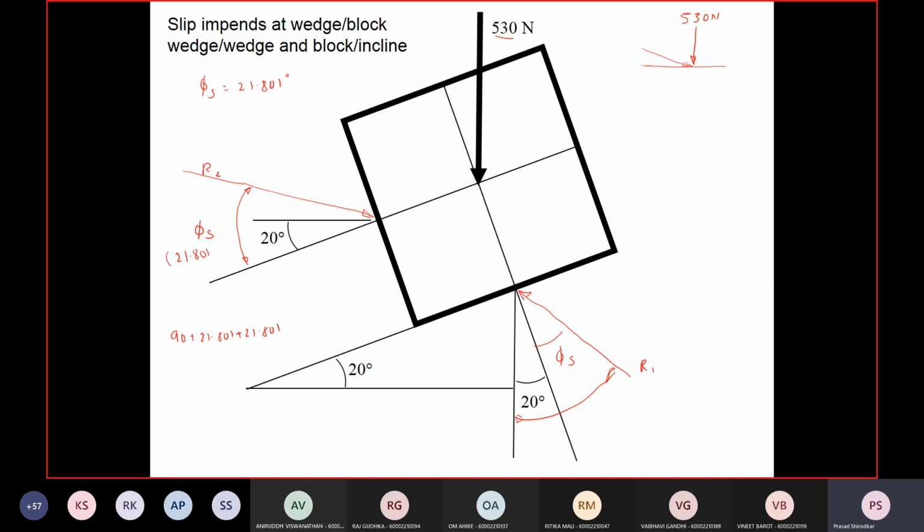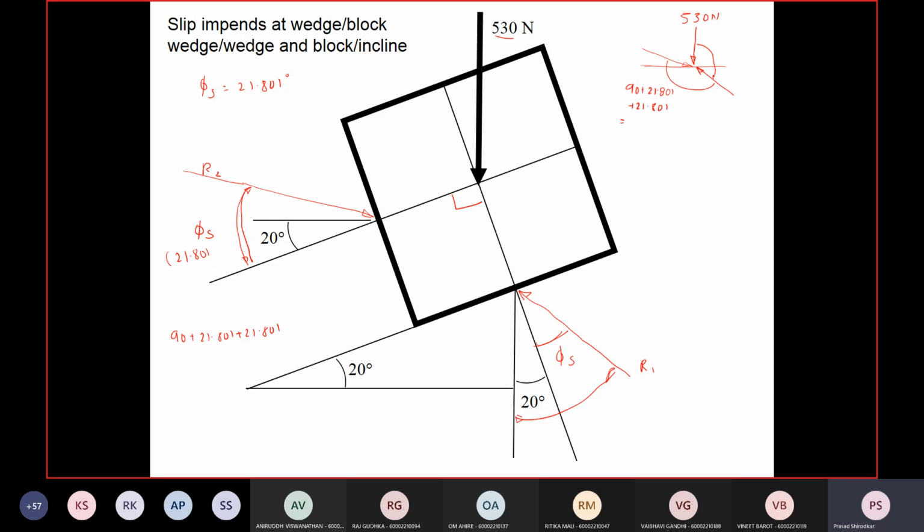So total angle between R2 and R1 will be 90 plus this phi s and this another phi s. So 90 plus 21.801 plus 21.801. So find out how much that is. Okay.